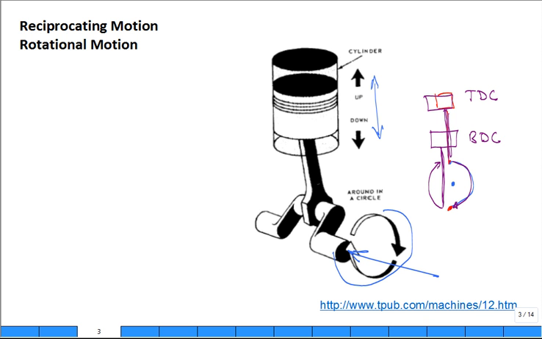So you got 2 strokes for one rotation. Then if you do another rotation, you get 2 more strokes. So you basically get 4 strokes. And what we'll find is we need 4 strokes to complete a cycle. So it's a 4-stroke engine or a 4-stroke cycle. 4-stroke cycle. You'll see that out there.